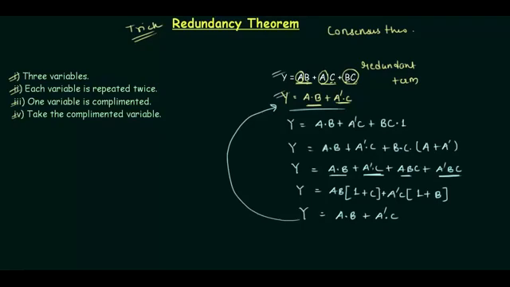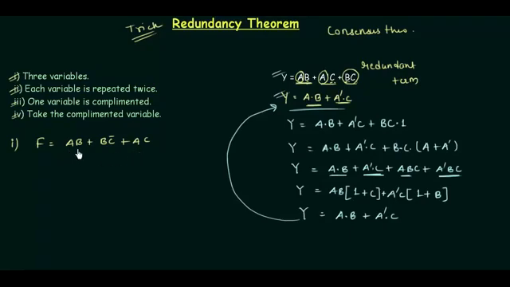Now let's solve a few examples on the redundancy theorem. The example number 1, the function f is equal to a and b, or b and c complement, or a and c. The first step is to see whether there are three variables or not, and we have three variables a, b, c. Each variable is repeated twice, and definitely each variable is repeated twice.